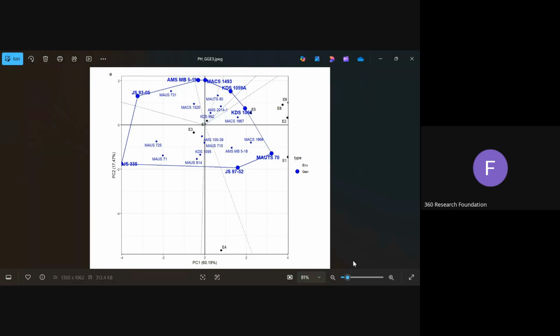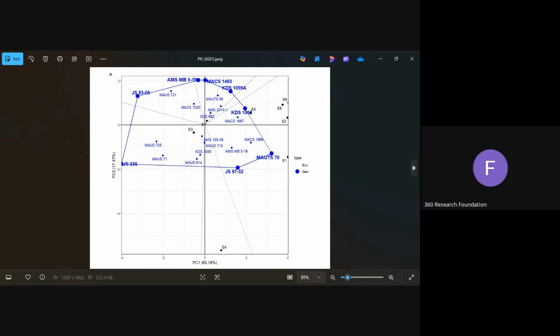So this plot will tell you which genotype is stable or which genotype is adapted to which environment. Here, on the X and Y axis you can see the PCs, covering 78%, so most of the genotype-by-environment interaction is covered by the first two principal components.